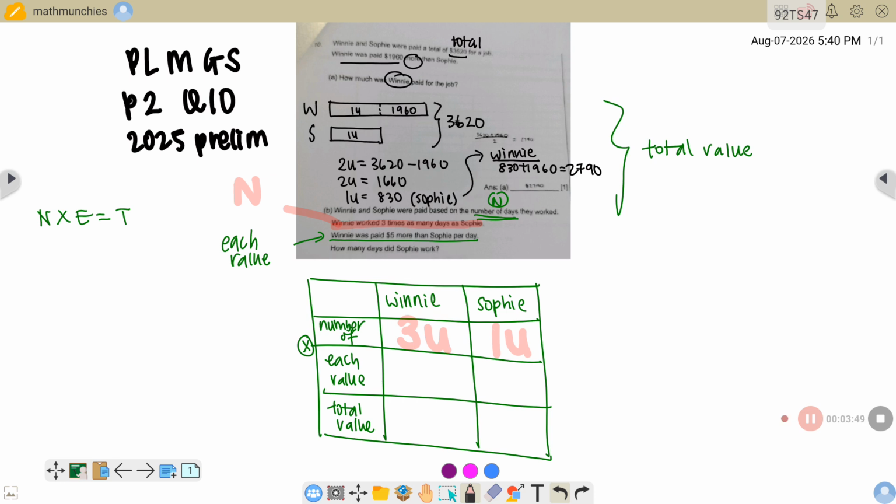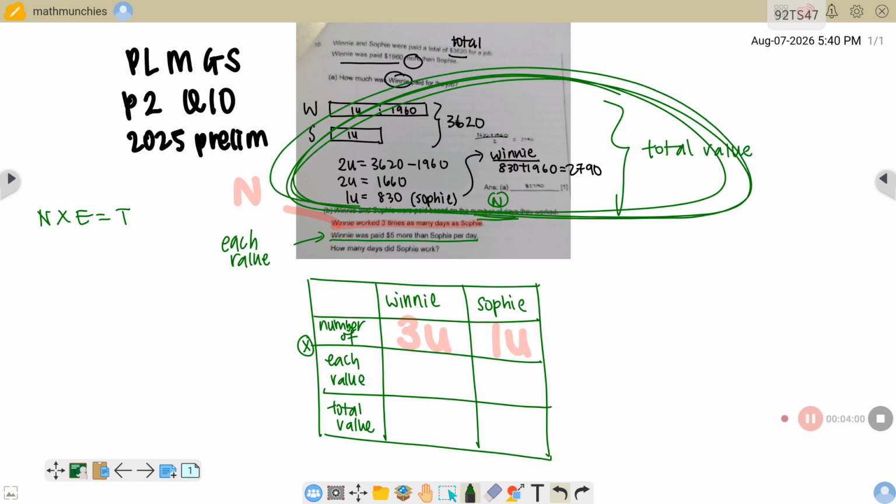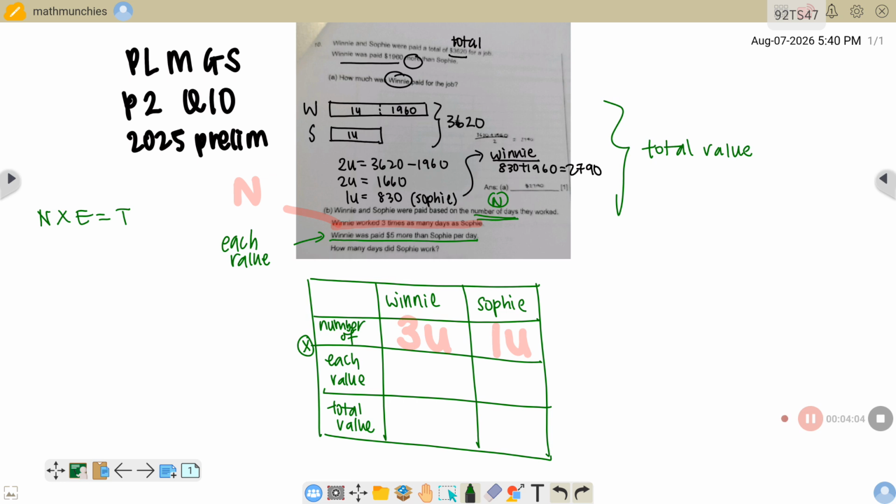Then next, they say that Winnie was paid $5 more than Sophie per day. But do I know how much Winnie is paid per day? No, because the information I found here is for the total. So if I do not know, Winnie is 1 unit plus 5. This is when you guys die.